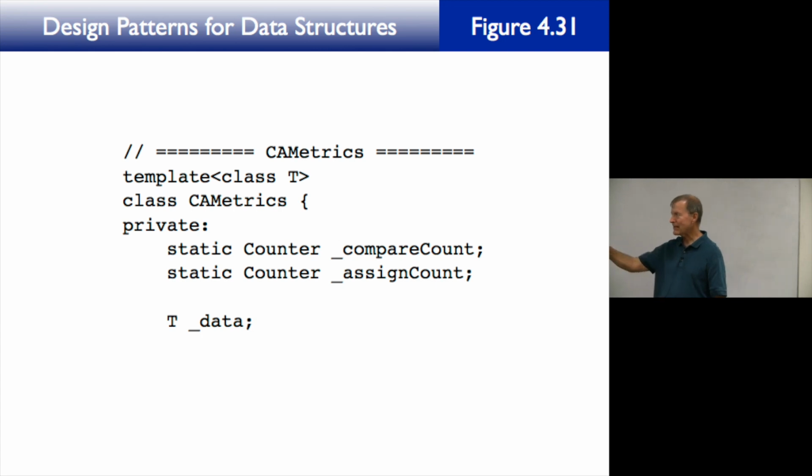What is the meaning of static here when it says static counter underscore compare count? Now you understand that capital C counter is the counter class that we just looked at. Are you with me? That has those methods in it. And underscore compare count is one of the attributes of our CA metric. Now, what I want to know is, what does that static mean?